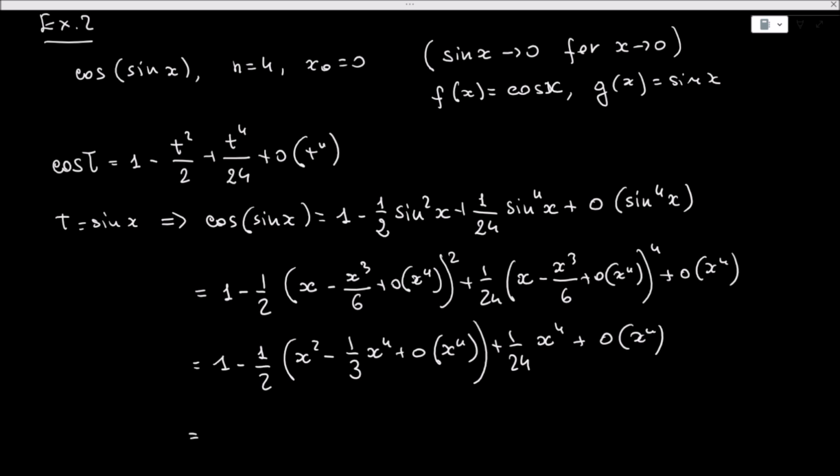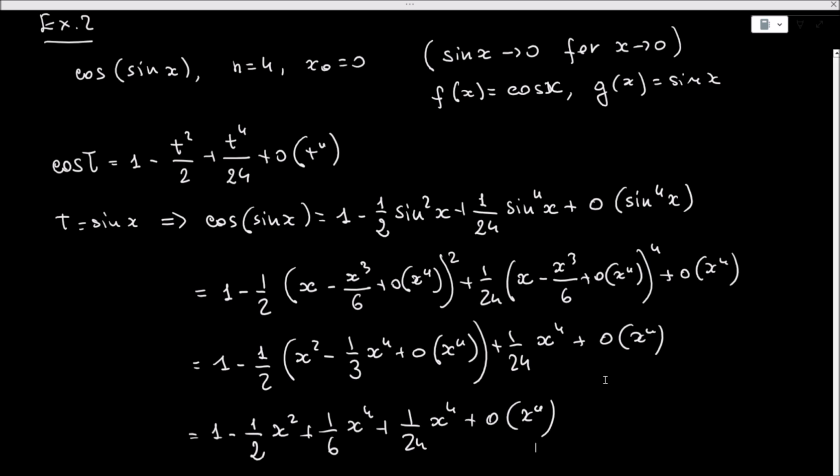Now, just developing the product, we see that this is 1 minus 1/2 x squared plus 1/6 x to the 4th plus 1 over 24 x to the 4th plus little o of x to the 4th.